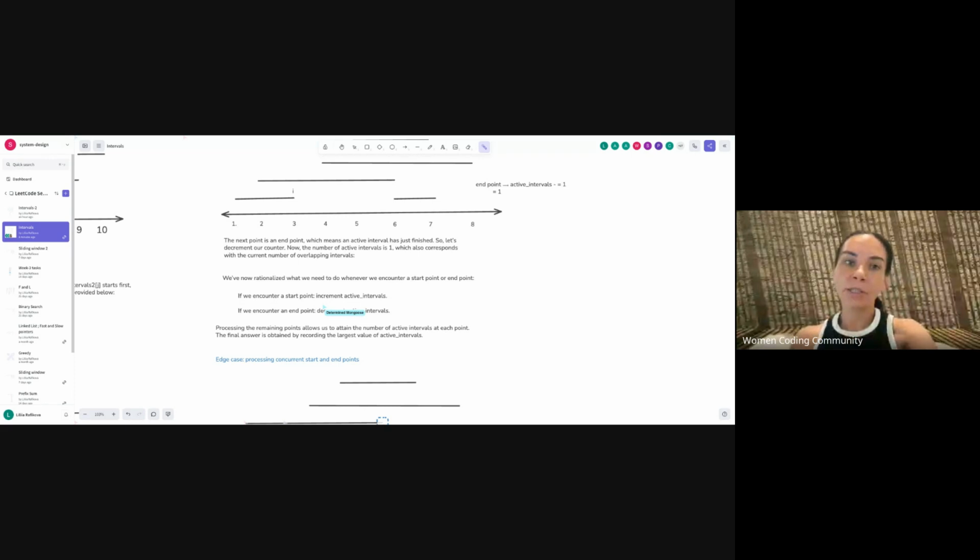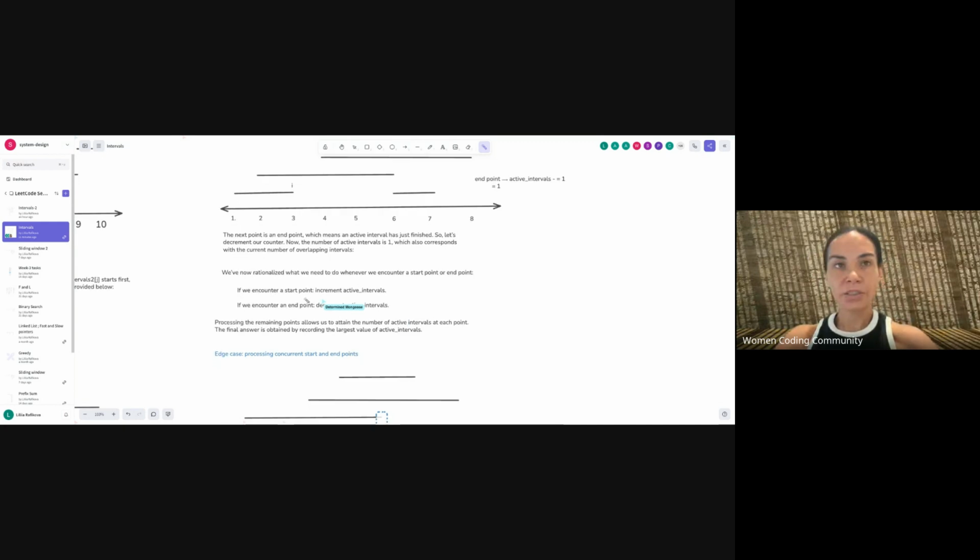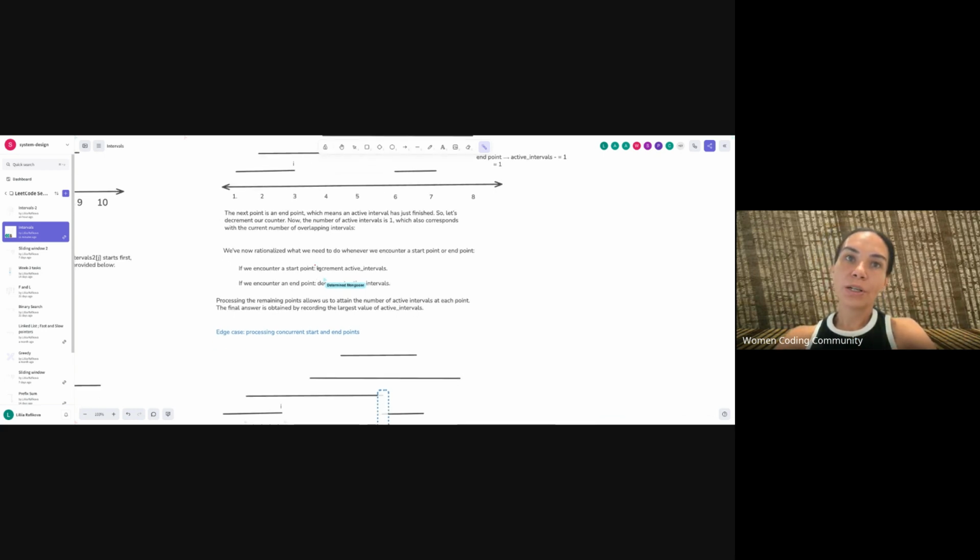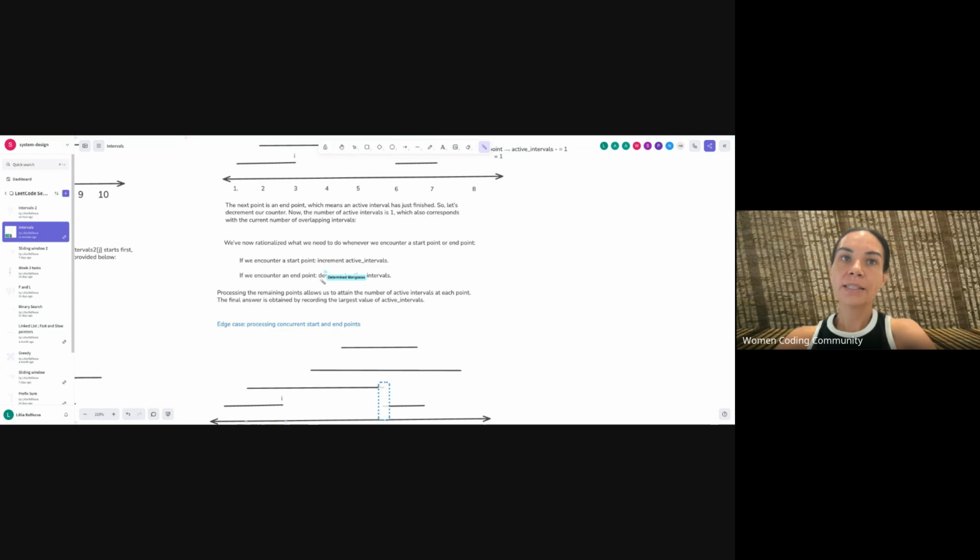We can't rely only on the start value. So what I'm trying to say in this case is it won't be enough to just sort them by start, but we need to track both the start and end points in chronological order.